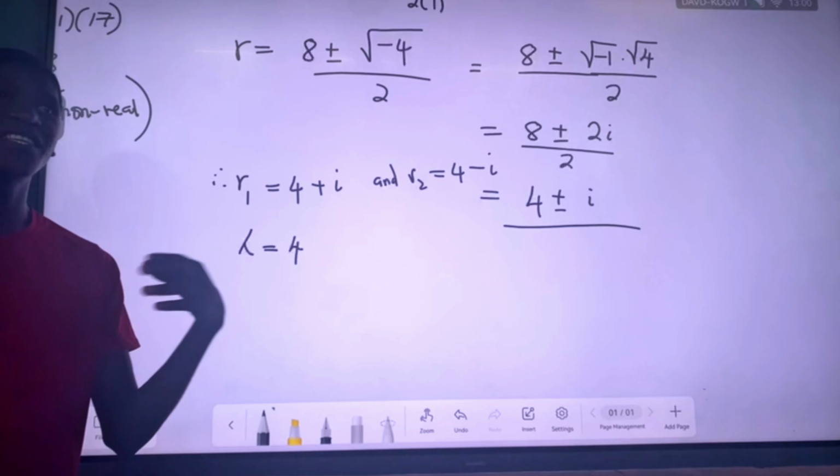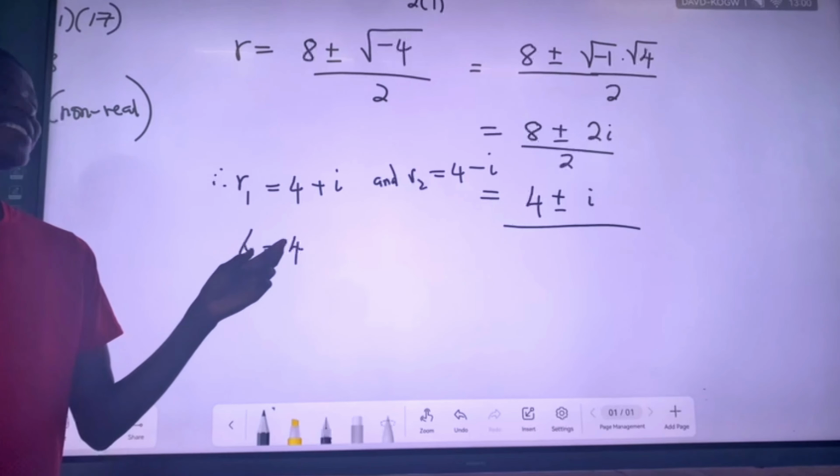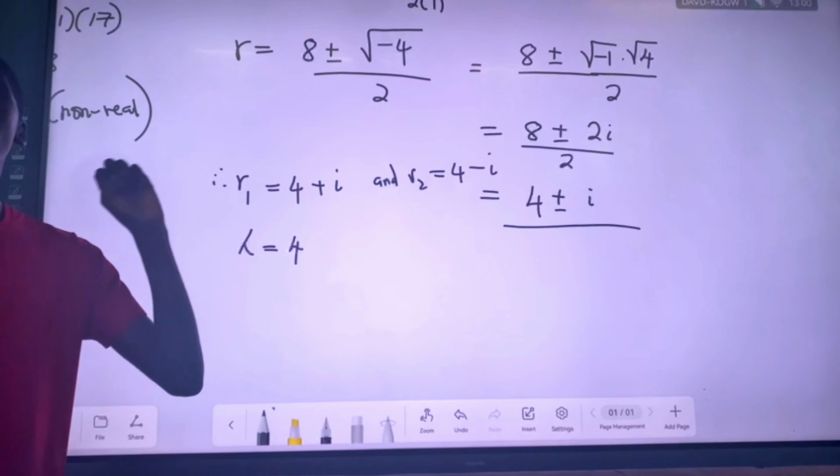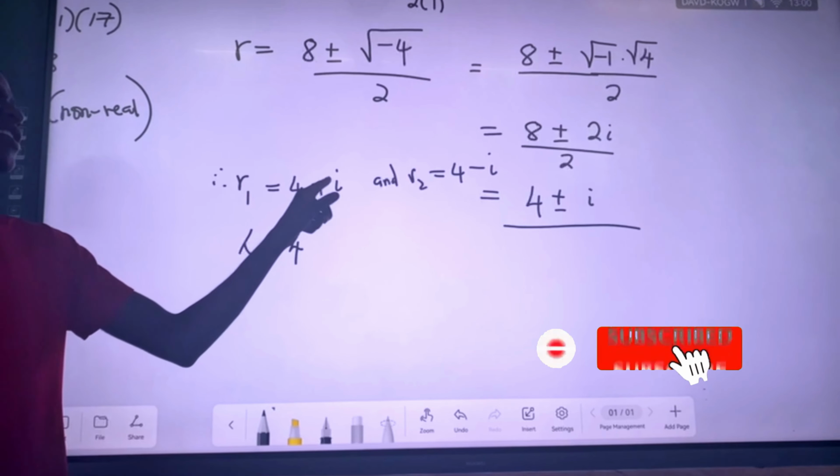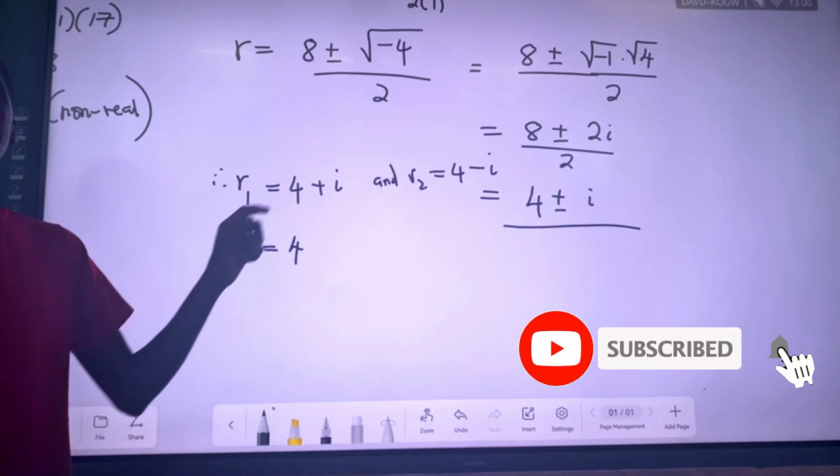Lambda is the real part of the complex number. The imaginary part is multiplied by i. In this case, which number is multiplied by i? 1. So mu is 1. Lambda is 4, mu is 1. Then you go back to your equation, substitute. The rest is history.